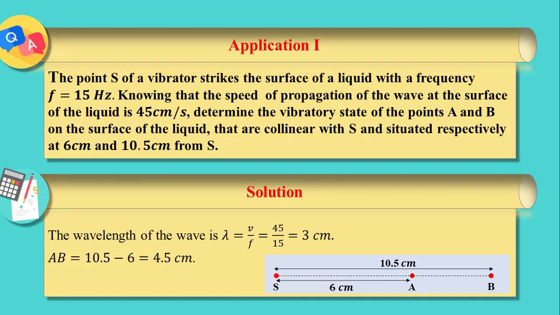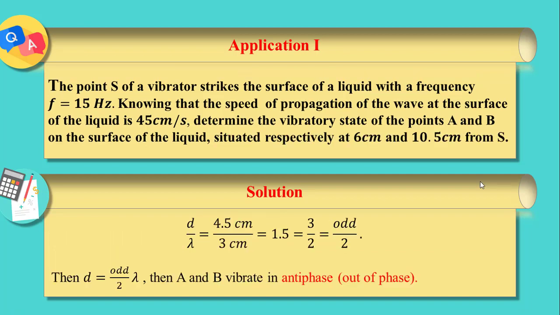First of all, we have to find the wavelength of the wave, which is lambda equal to V divided by F, which is equal to 45 divided by 15, equal to 3 centimeters. Then we have to find the distance AB, which is equal to SB minus SA, 10.5 minus 6, which is 4.5 centimeters.